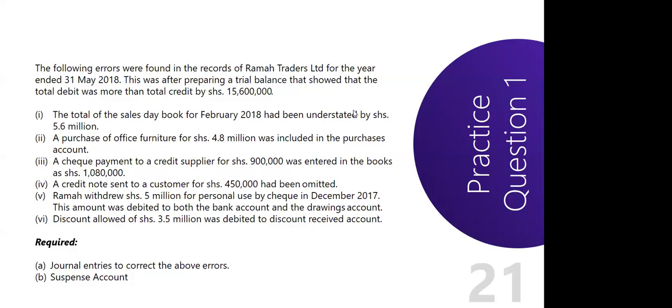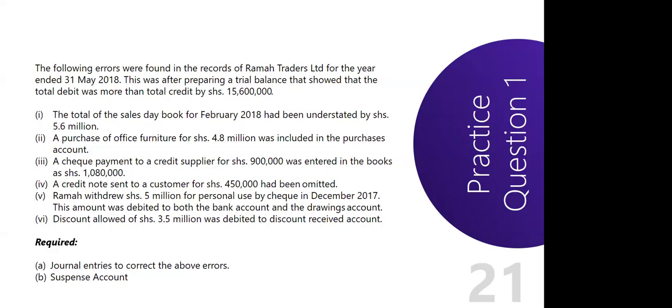Joseph has explained to us that it would be understated on the credit side by 5.6. Gabriel is saying no. So, friends, this word understated is already an indicator that this has affected your trial balance.